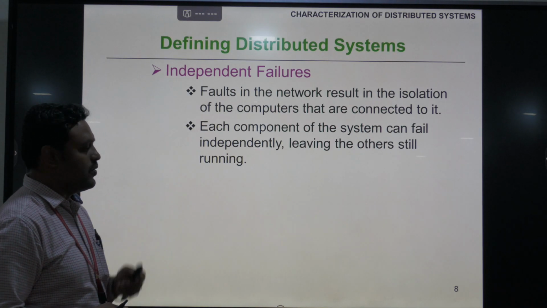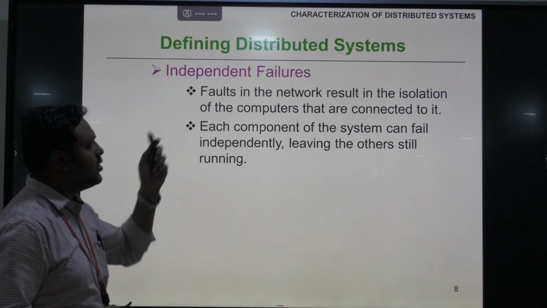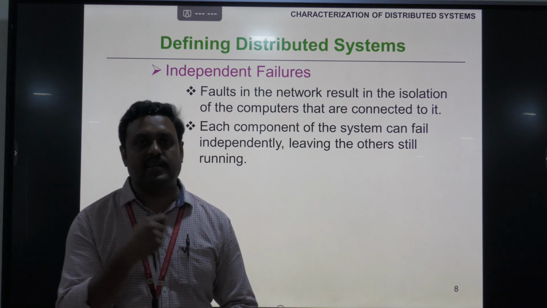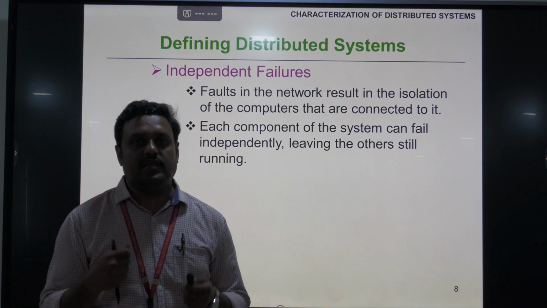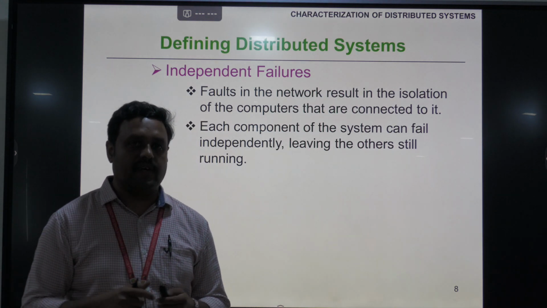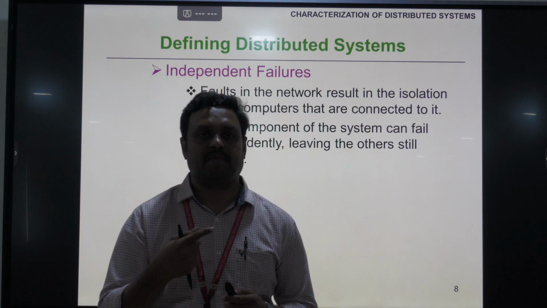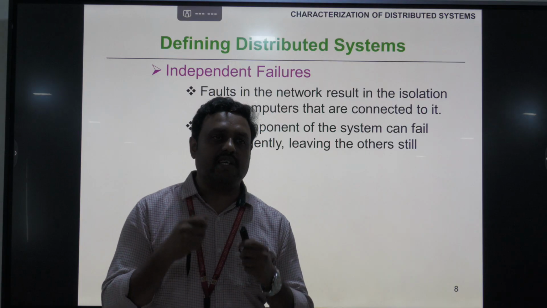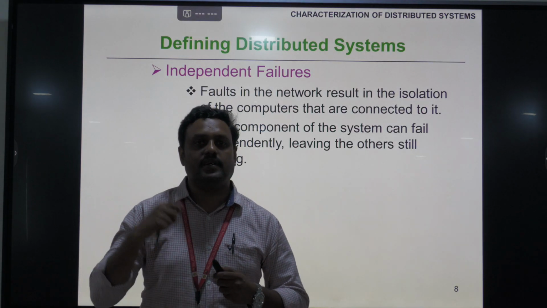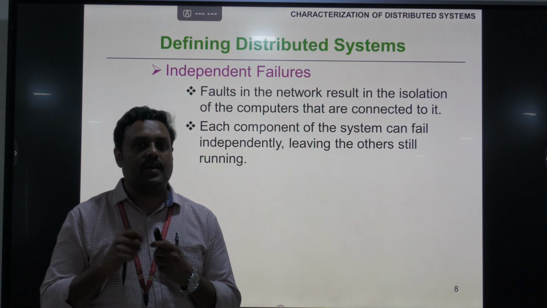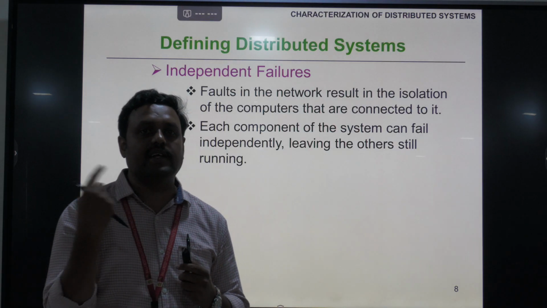And independent failures. As we said, n number of systems are connected in a distributed network, right? If any one system fails, it should not affect the other systems in the network. It should not depend upon the other systems. The system which has failed should not affect the other systems connected in the network.